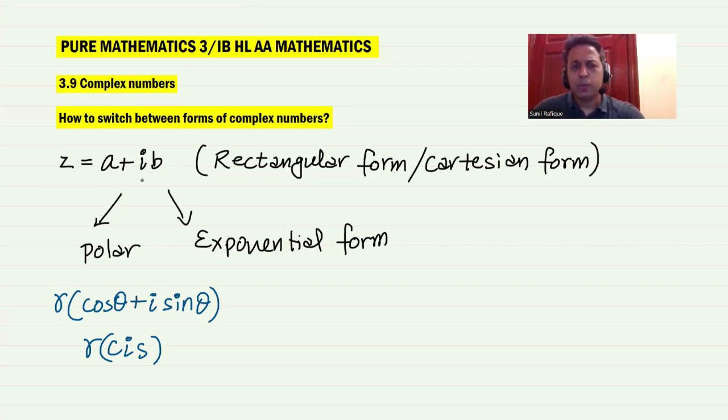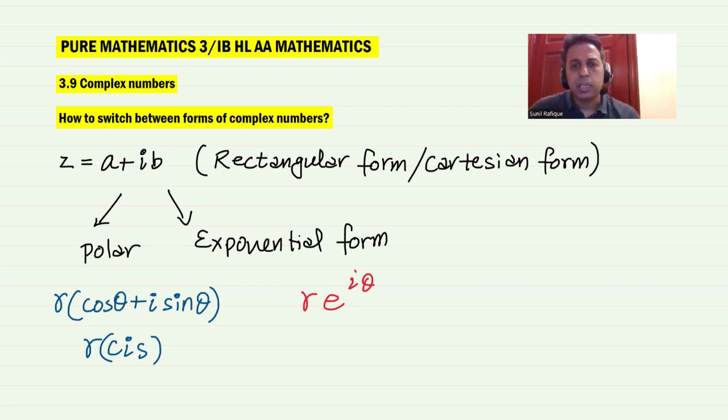I know for the beginners, it sounds completely strange why a polar form is like this and the Cartesian form is like that. But I'll get back to that. And the exponential form on the other side is written as r e to the power iota theta, which is the Euler form as well.